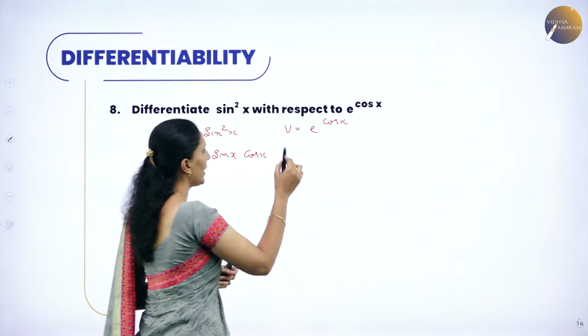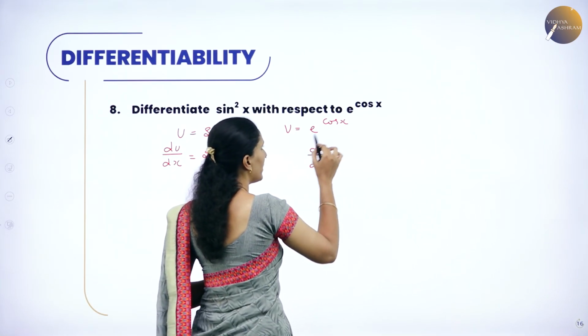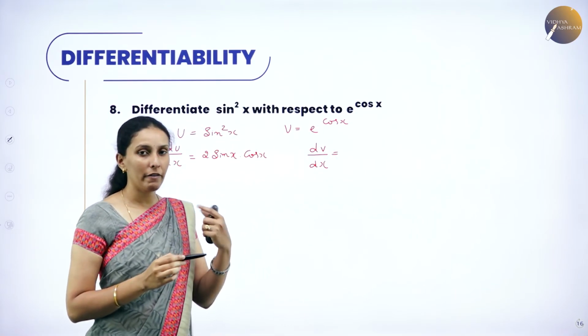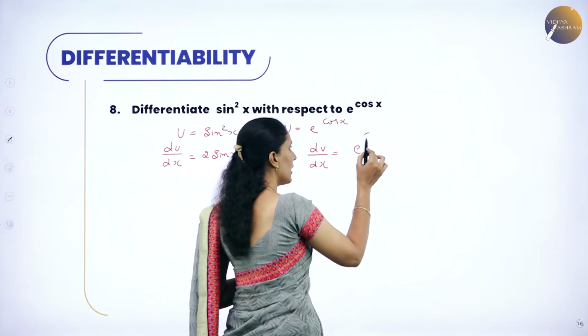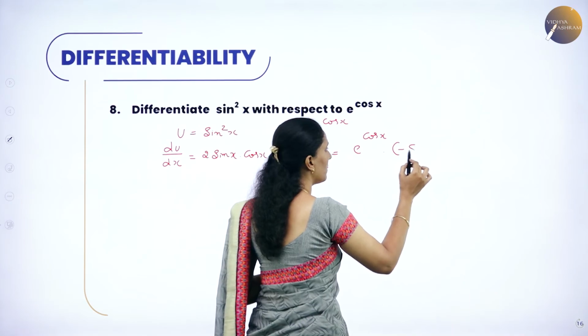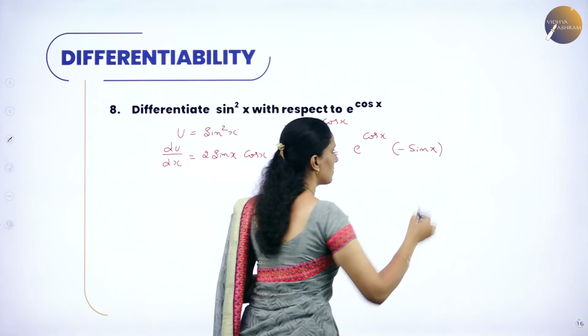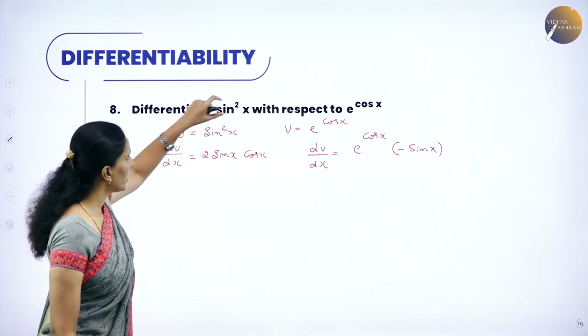Next, we will take dv by dx. So what is the derivative of e power x? It is e power x. So therefore, e power cos x remains e power cos x, but differentiate cos x again, then it becomes minus sin x.